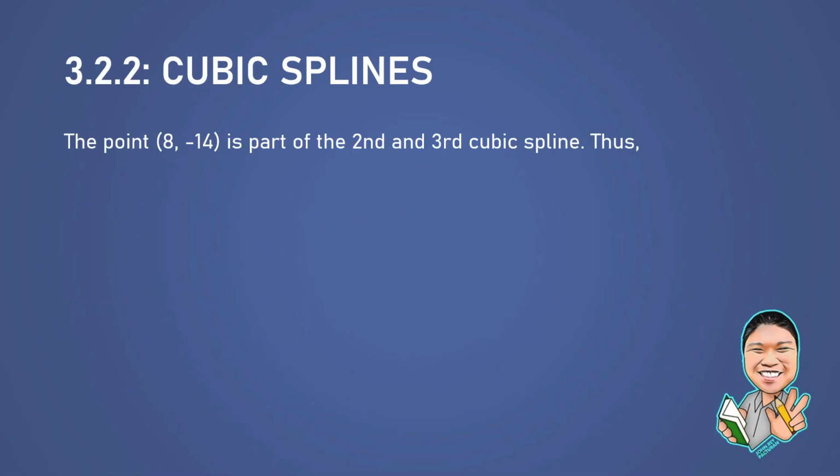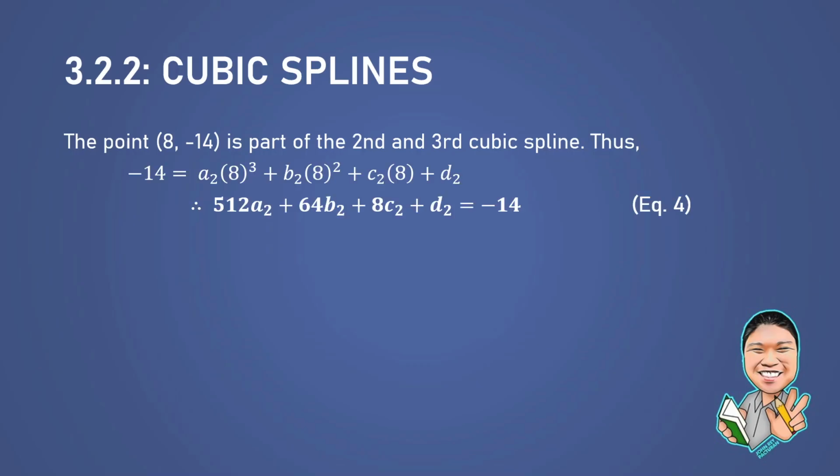For the third point, which is yung point (8, -14), that is part of the second and third cubic spline. Kasi 'di ba, if you are going to see the graph na pinakita ko, yung nakakonekta doon is yung second spline and yung third spline. Kaya itong unang equation, which is itong equation 4, is na-derive to using the second spline. So f2x is equal to a sub 2 x cubed plus b sub 2 x squared plus c sub 2 x plus d sub 2.